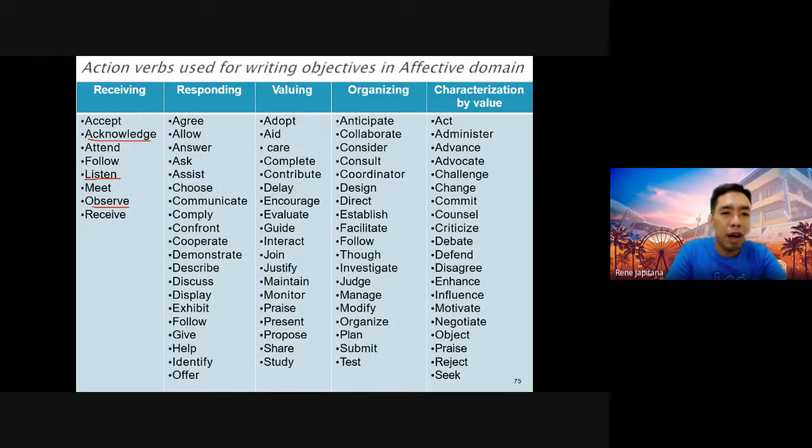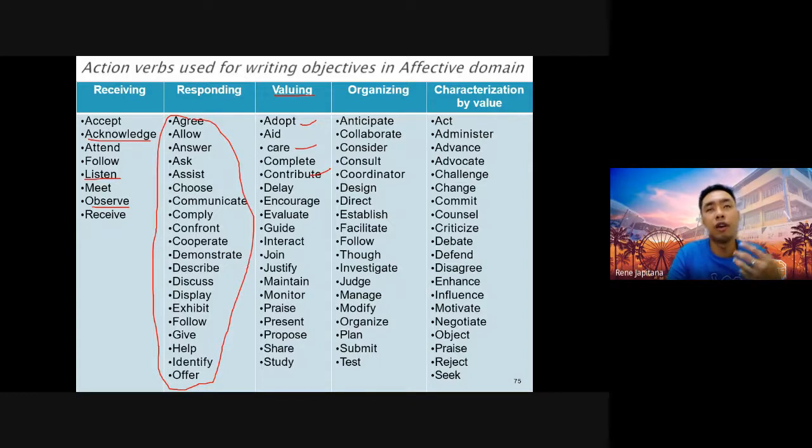When we respond, these are action verbs that refer to responding to emotions or feelings. When we talk about valuing, we have adopt, care, contribute. Then when we say organizing, like facilitate, investigate, manage, that kind of emotions or feelings.